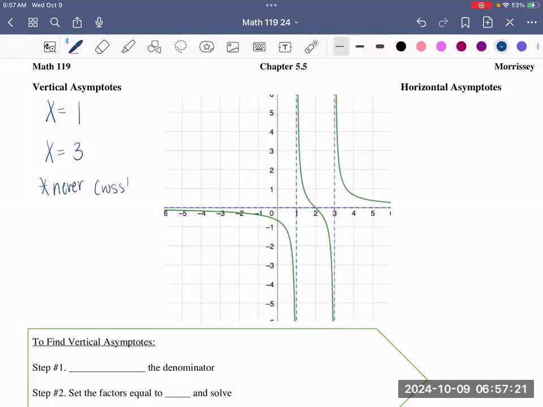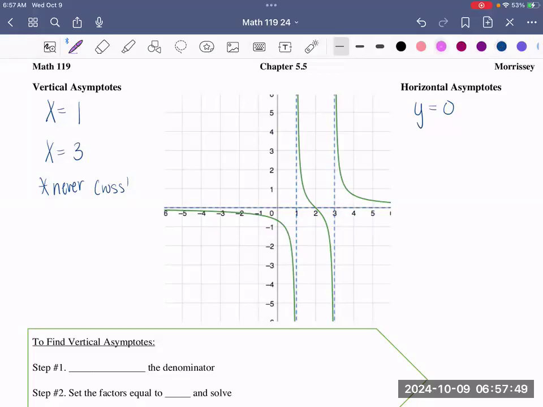Now, do we have a horizontal asymptote? So we do have a horizontal asymptote, that being this horizontal line. And where does this line occur? Well, this is when y is equal to 0. Now, does it appear that we can cross a horizontal asymptote? So unlike vertical asymptotes where we cannot cross them, horizontal asymptotes, we can at times cross them.